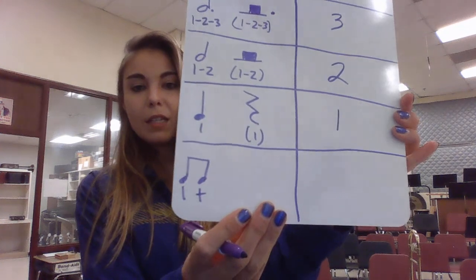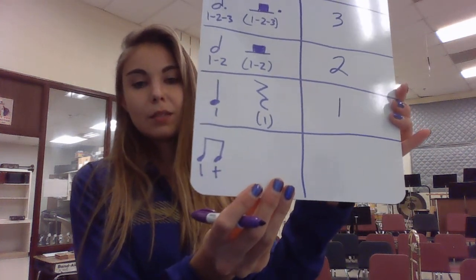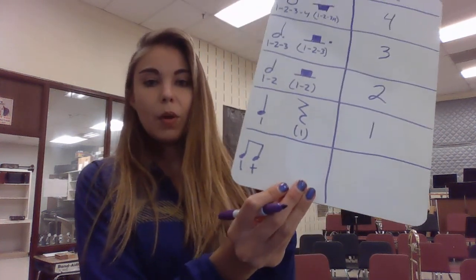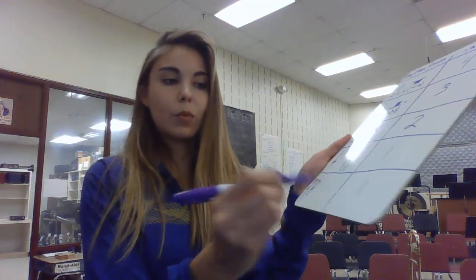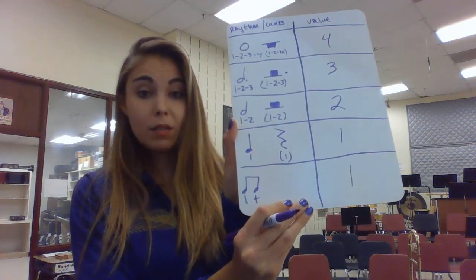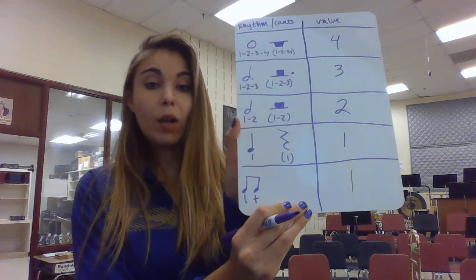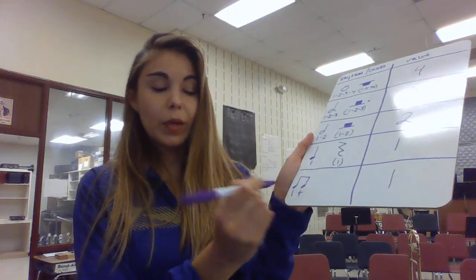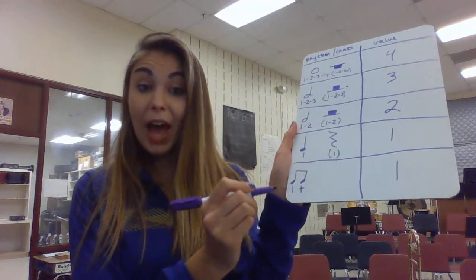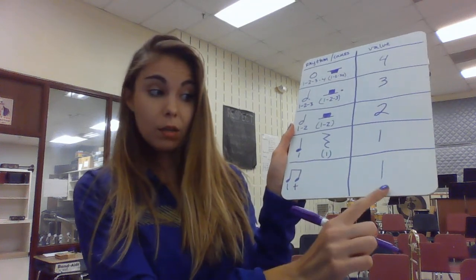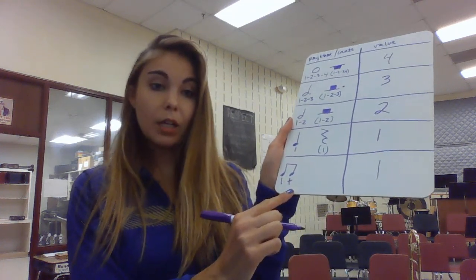That's a little plus sign, and that means and. And so guess what? When you put 2 eighth notes together, it equals 1 beat. Equals 1 beat, 1 and. Because each of these little eighth notes equals a half, and when you put 2 halves together, it equals 1. 1 and. Another day we will talk about our eighth note rests. For now, just write 1 and a 1 there.